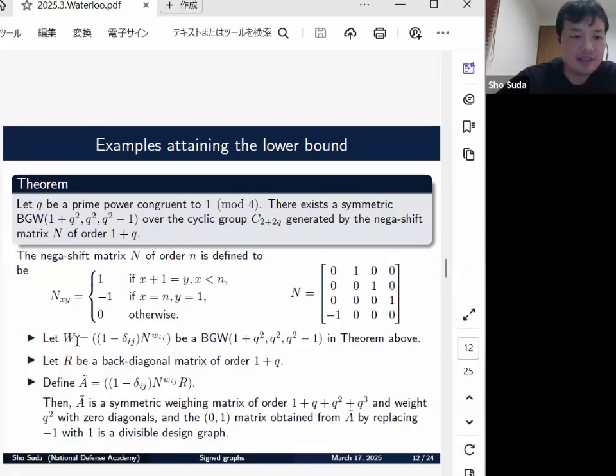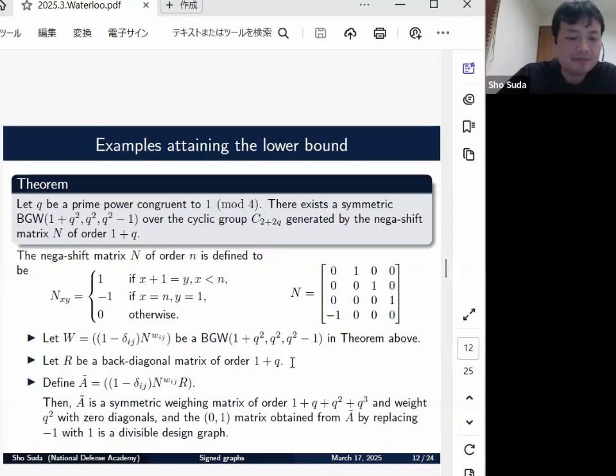So let us take W as such a BGW with the desired parameters and desired generator matrix. And we also use the so-called back diagonal matrix, denoted R, of order 1+q. The back diagonal matrix is the permutation matrix whose ij entry is equal to 1 if and only if i+j is equal to the order plus 1.